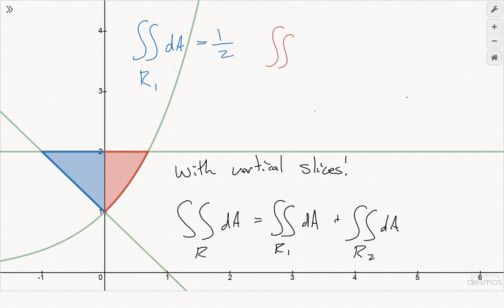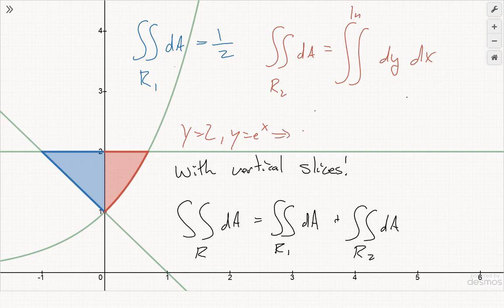The area of R2, on the other hand, we're doing vertical slices first. Well, y is going up to 2, so y equals 2 and y equals e to the x means that our boundary for x has to be ln of 2. And since from where we've started R2, our bottom bound for x will be 0. And then the bounds for y are e to the x and 2.